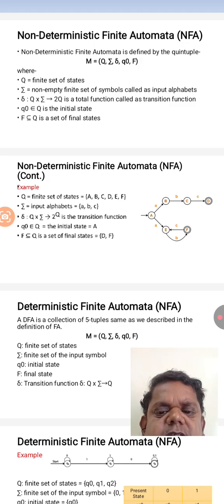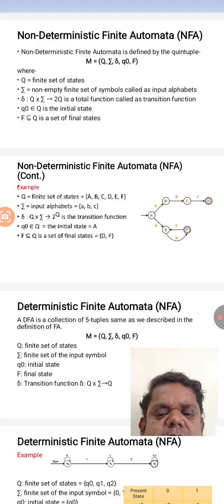Example, see the diagram. Q is a finite set of states: A, B, C, D, E, F. Σ is the input alphabet, for example a, b, c. δ is the transition function. q0 is the initial state; here A is the initial state.